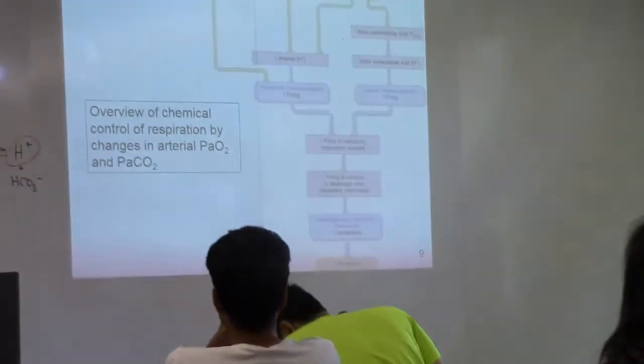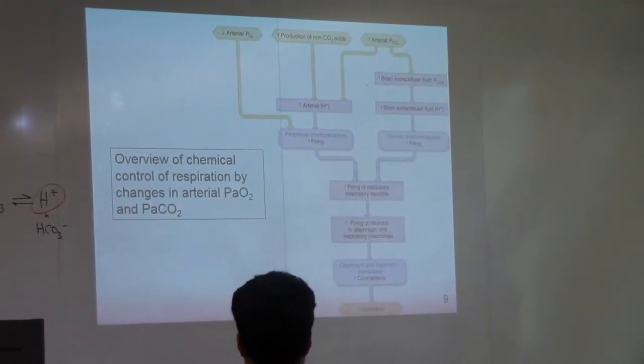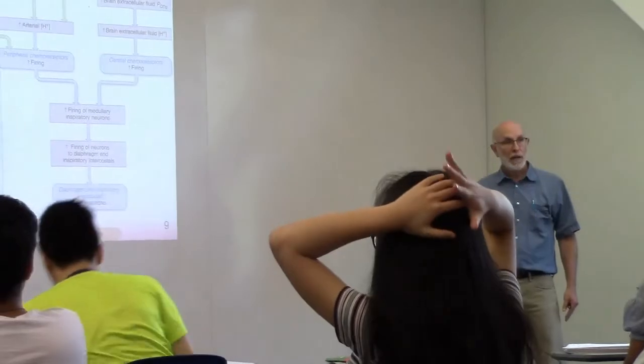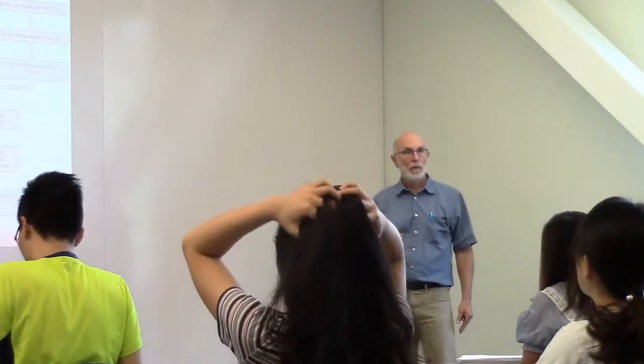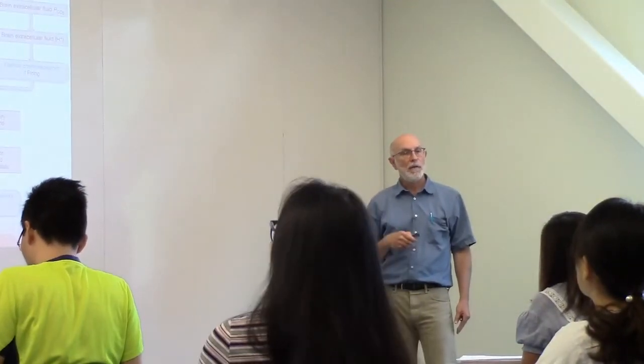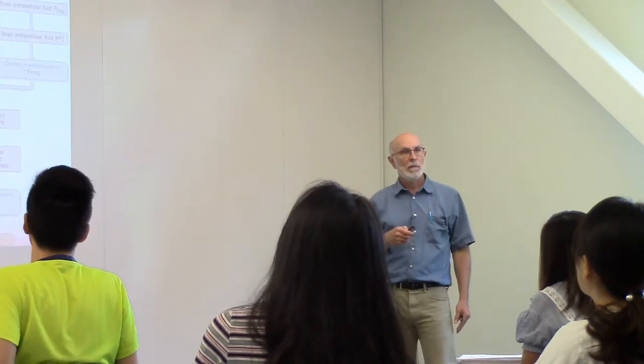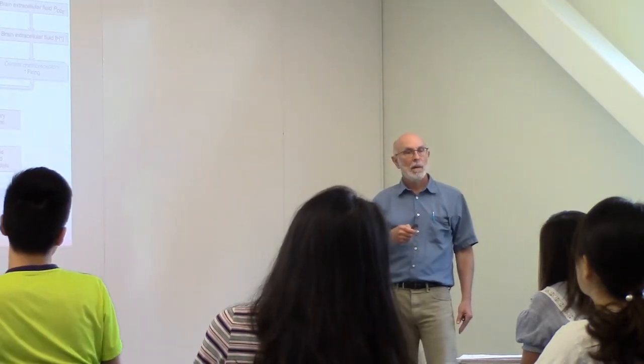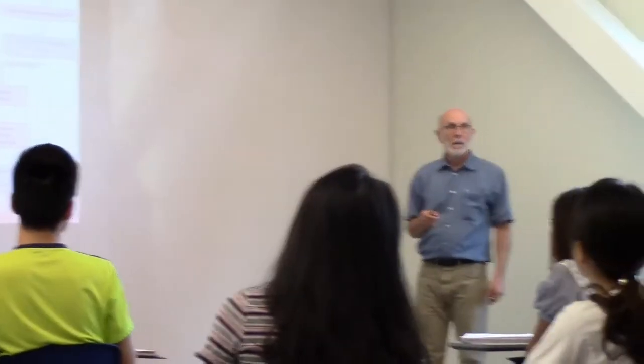Okay, so let's go through this arrow. If there is a decrease in arterial PO2, is that hyper or hypoventilation? A decrease in arterial PO2 would be indicative of hypoventilation.